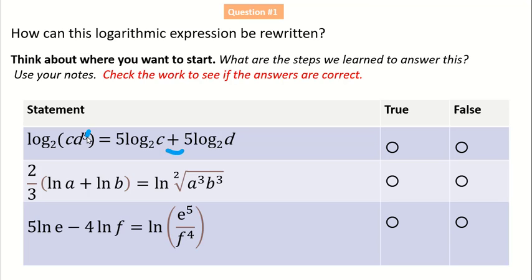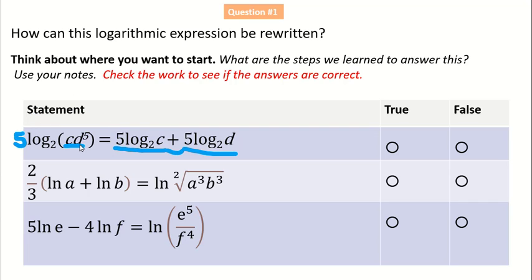If that 5 had been written out here, with the properties of logarithms, we could pull that 5 out here. And then when we're multiplying, this could be split apart into 5 times log base 2 of c plus 5 times log base 2 of d.